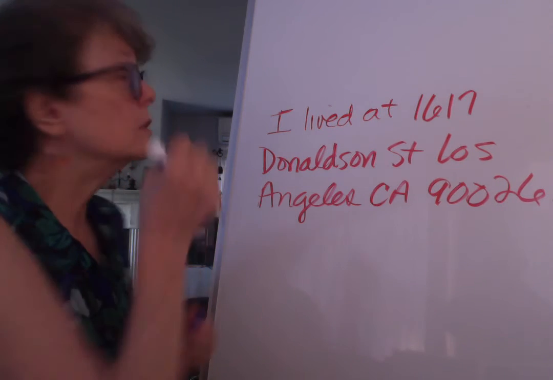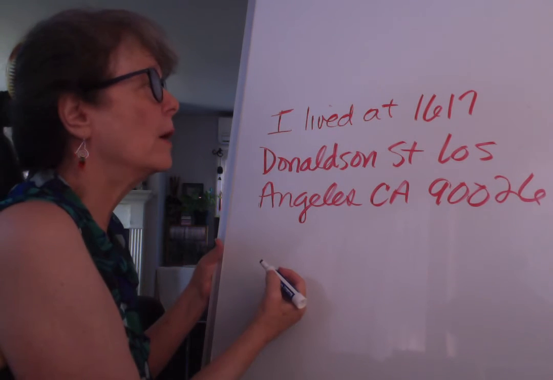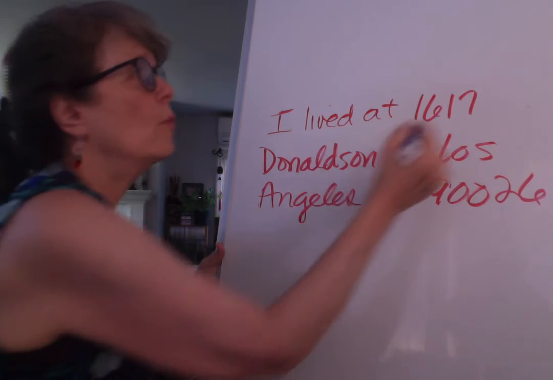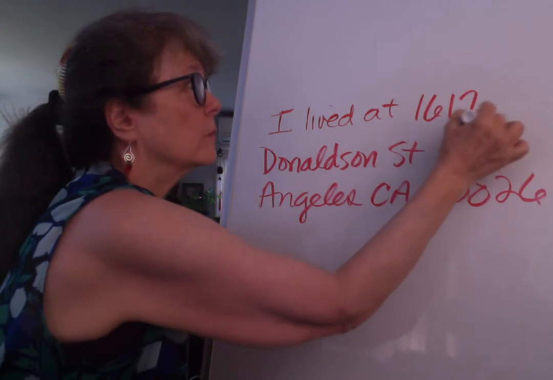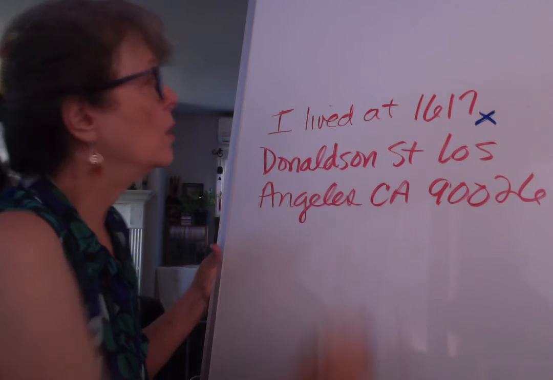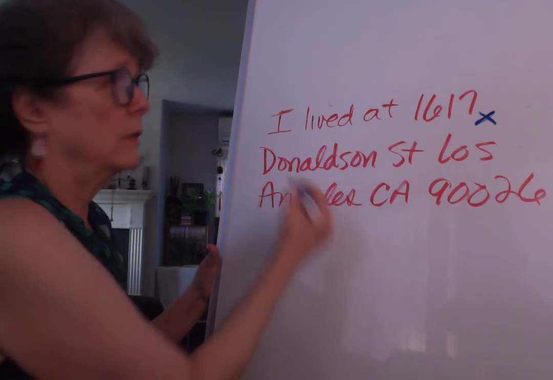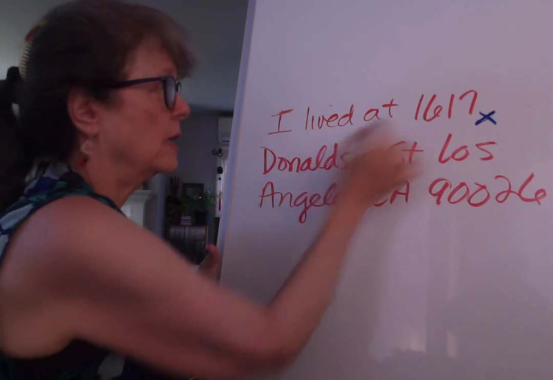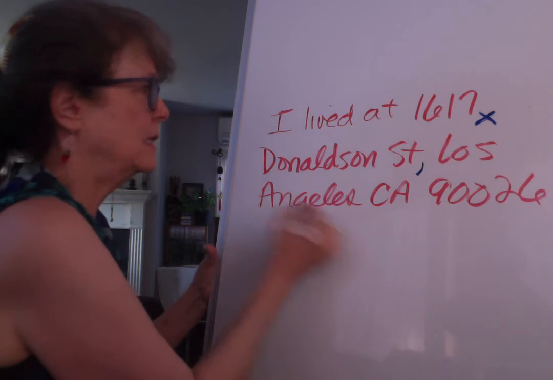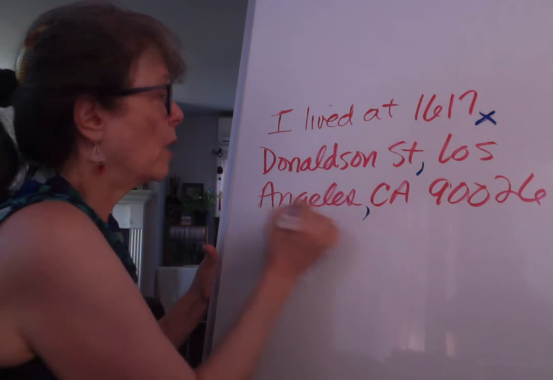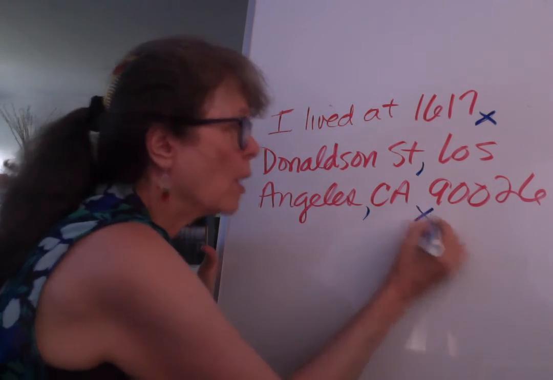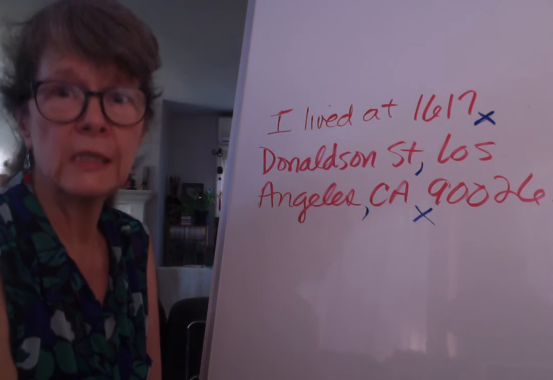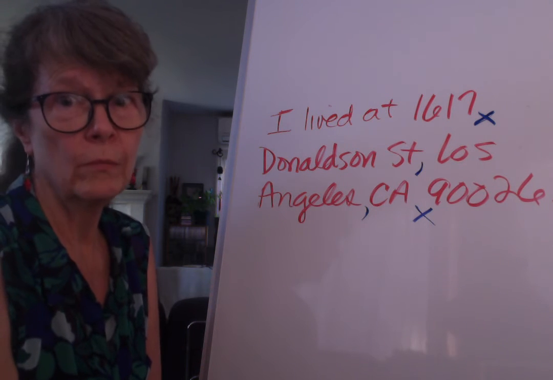We don't put a comma between a street number and a street. So no comma there. We do put a comma between the name of the street and the city, and we do put a comma between the city and the state, but we do not put a comma between the state and the zip code.